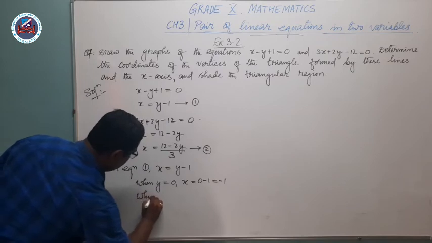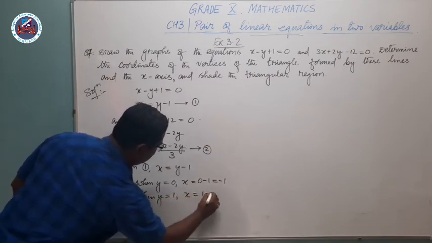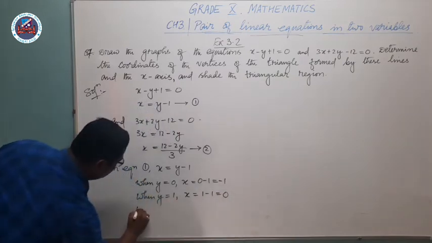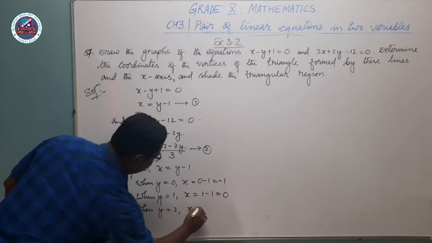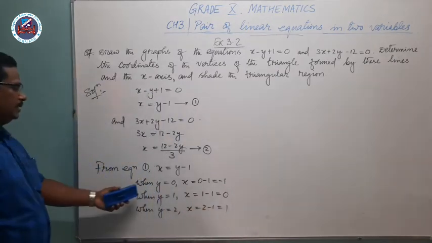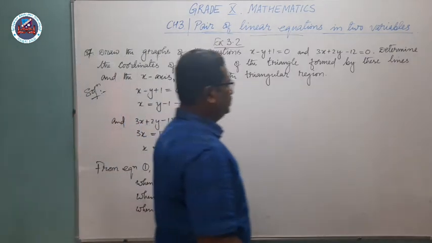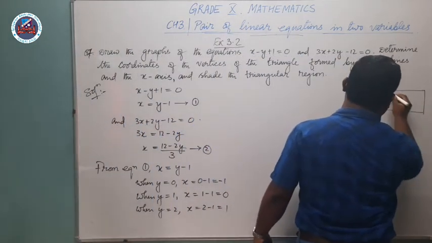When y is equal to 1, x is equal to 1 minus 1 is equal to 0. And when y is equal to 2, x is equal to 2 minus 1 is equal to 1. Like this you can get different values of x for different values of y. Then you place it on the table.